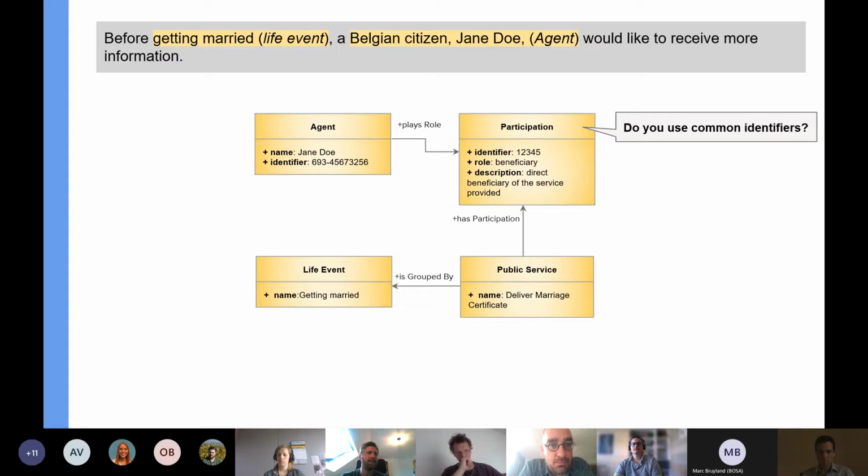But I think we need to make a distinction between the identifier of the agent, the citizen in that case. So it's always the same citizen. So you need to have one identifier for that citizen, and the role it plays within the context of a specific public service, which can be indeed a beneficiary or a specific kind of beneficiary, or maybe just the people requesting it and not being the beneficiary.